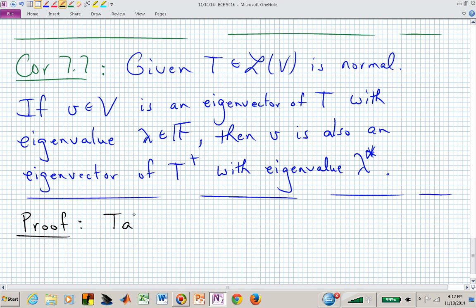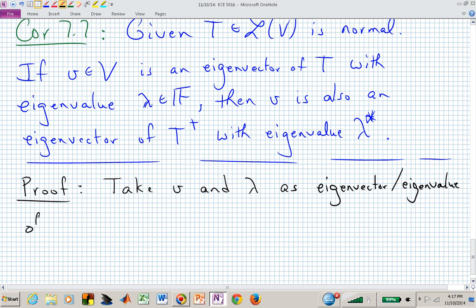First, let's take v and lambda as we were stating in the corollary, as eigenvector and eigenvalue of the operator T. That means that we can state that (T minus lambda I) v is equal to 0.